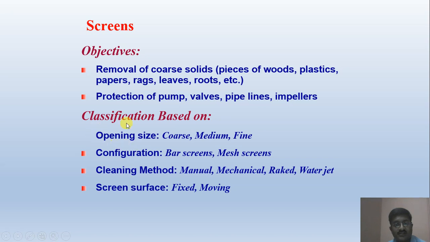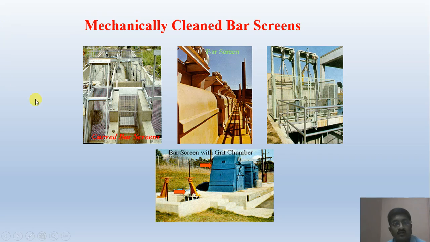So all these are types, remember, of the screening mechanism which is provided, based on all these parameters. You can see these bar screens, or curved bar screens are provided here also, right? This mechanism depends upon how the water you are going to receive.